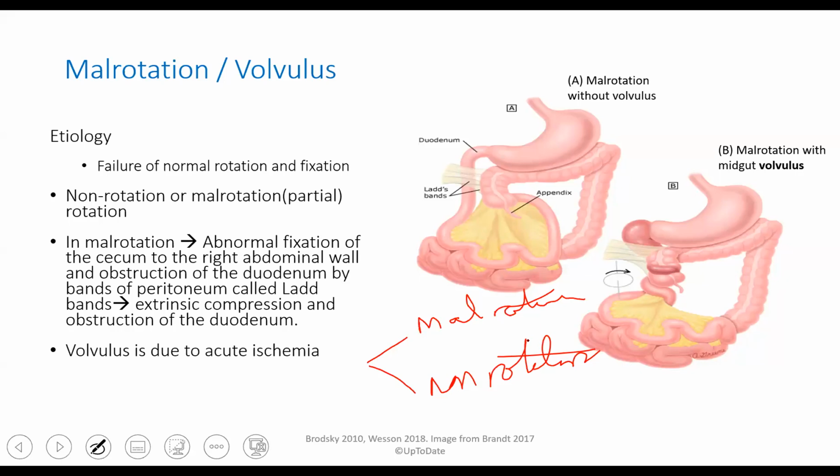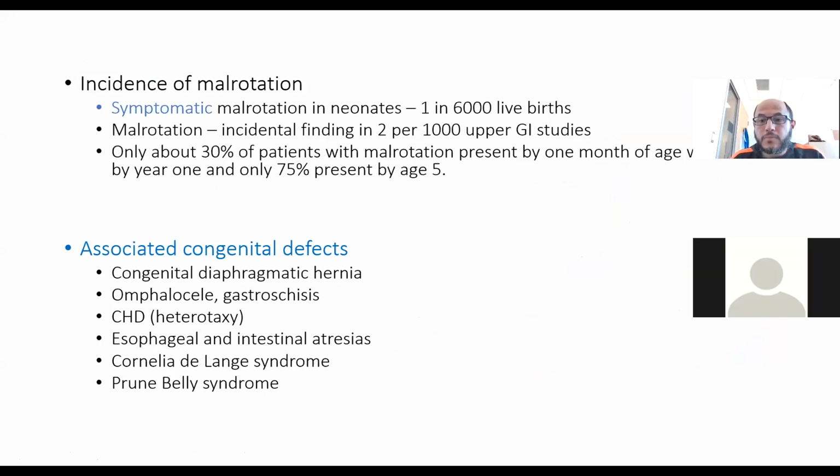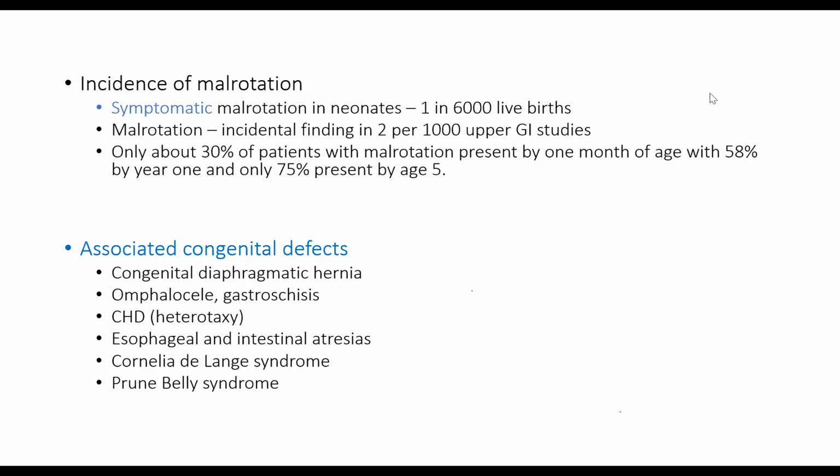Okay, we discussed the risk of malrotation, and we said the volvulus is the acute emergency because it can cause acute ischemic bowel necrosis, and the baby might lose the bowel. For symptomatic malrotation, the incidence is 1 in 6,000.